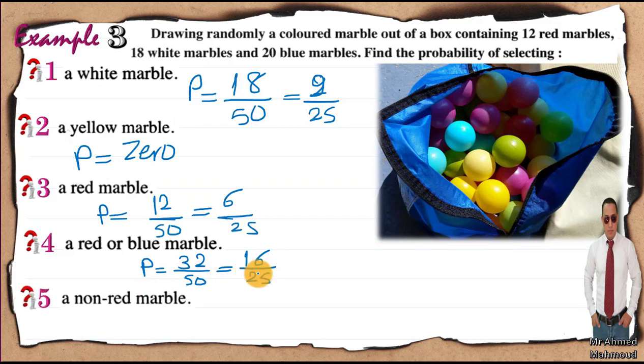Next. Not red. Not red, so I'm going to take white and blue. 18 plus 20 equals 38. So the probability here equals 38 over 50, which is 19 over 25.